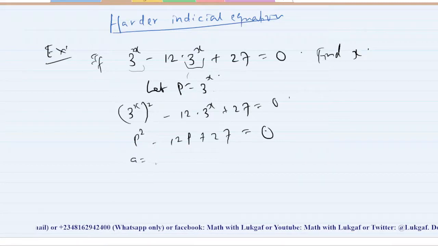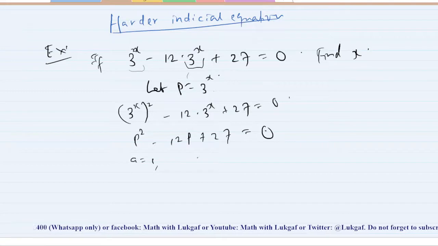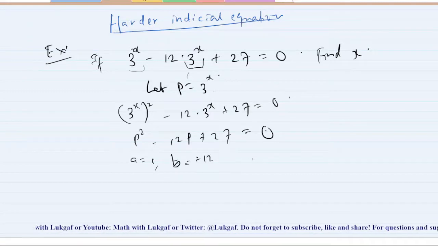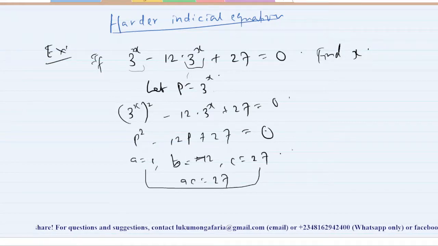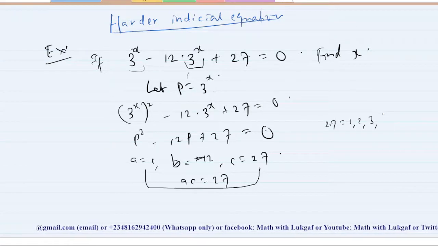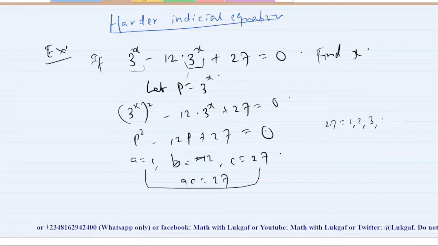You can make a equal to 1, b is equal to minus 12, then c is equal to 27. Then you find ac is equal to 27. So then you think out of the factors of 27. You know the factors of 27 are 1, 3, 9, and 27 itself.